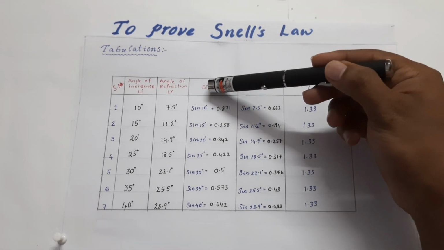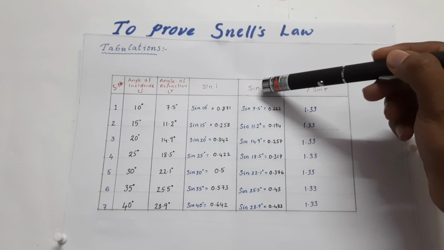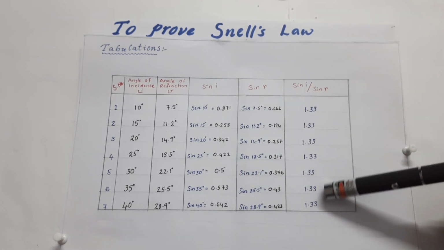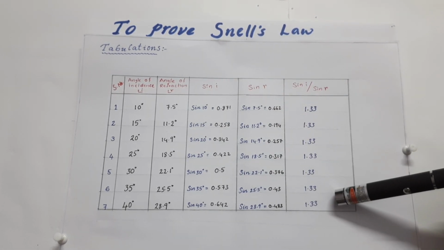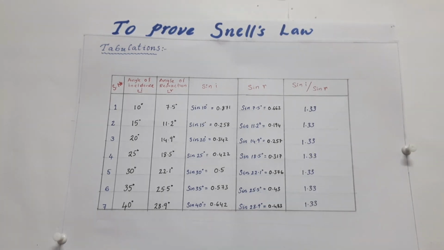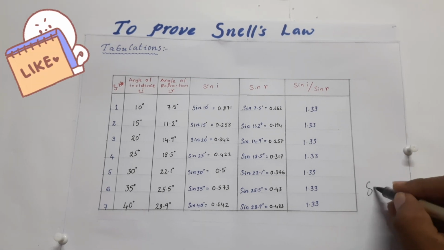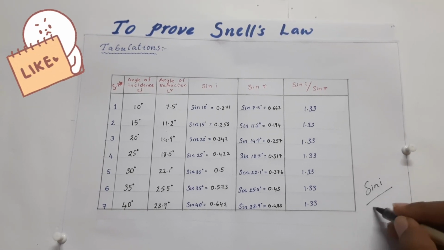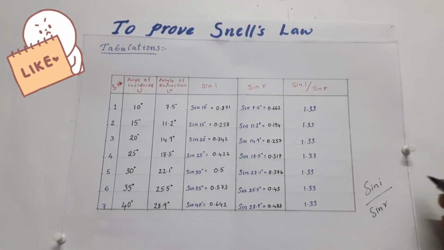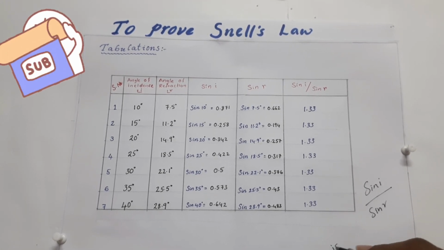Now if you observe the ratio between sin i and sin r, you can see that in the last column the values are constant. So they may not be exactly equal, but approximately they will get a value of 1.33.